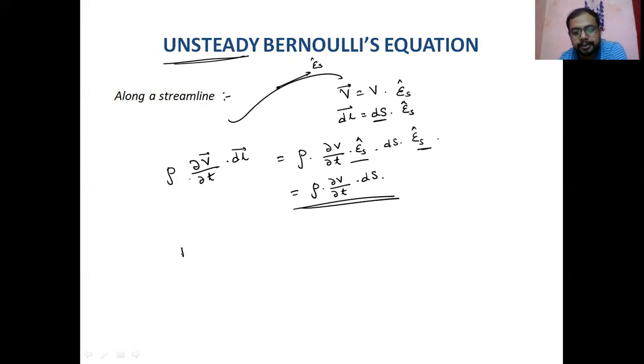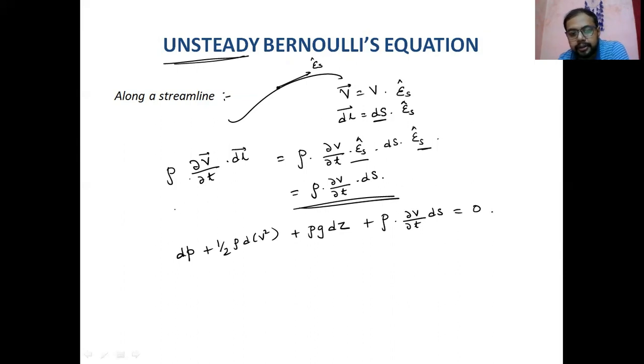So what was your equation previously? Del P plus half rho d V square plus rho g dz, plus one extra part here.